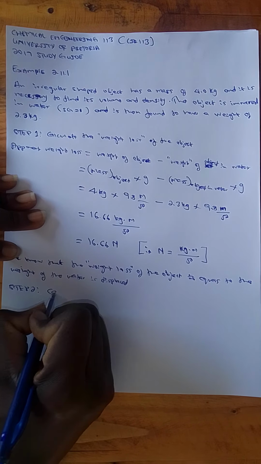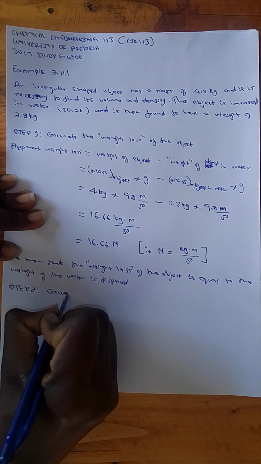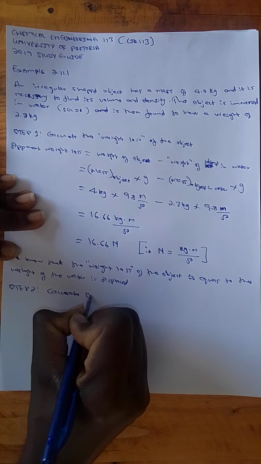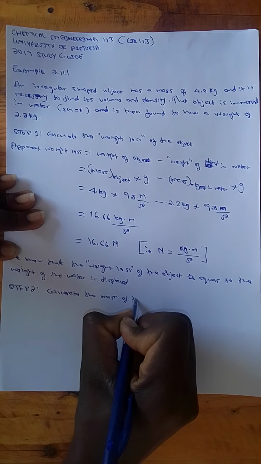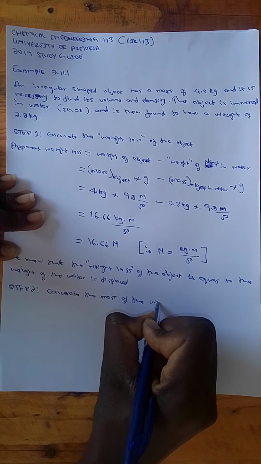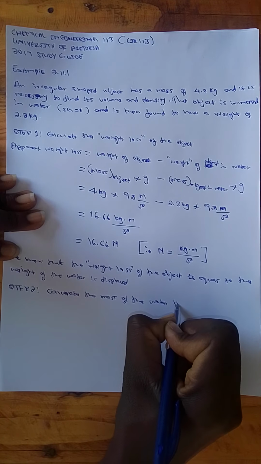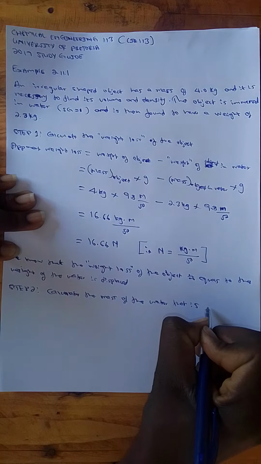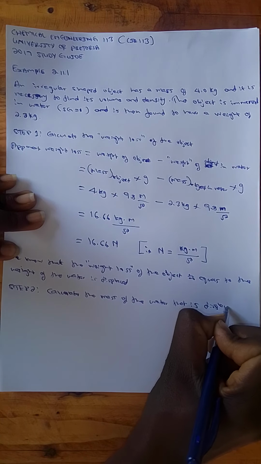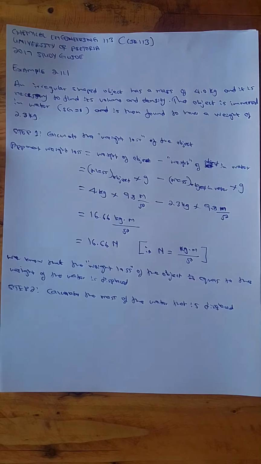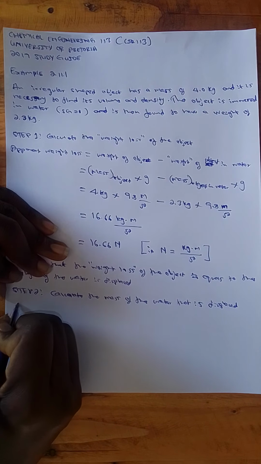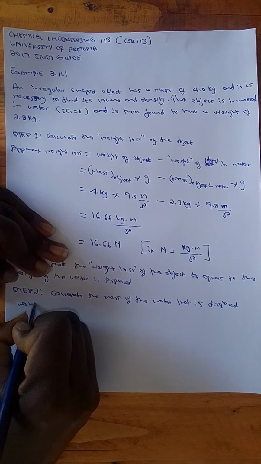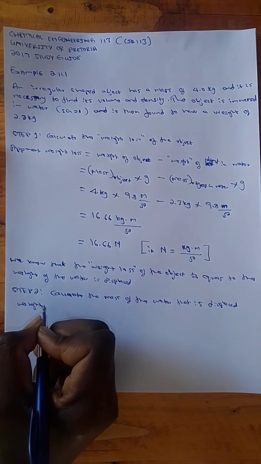Step 2, we can calculate the mass of the water that is displaced. For us to do that, we can use the normal equation that we know, weight equals mass by g.